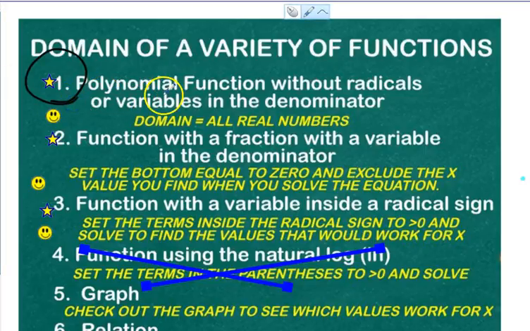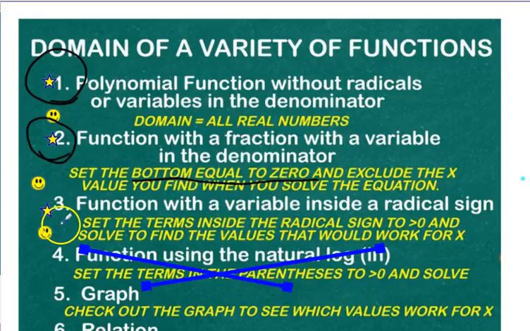If you have a polynomial function of any kind that doesn't have a radical or a denominator, the domain is just all real numbers. That's it, guys. If you have a function that has a variable in the denominator, you set the bottom equal to 0, and then you say x cannot equal that, or it's all real numbers except that.